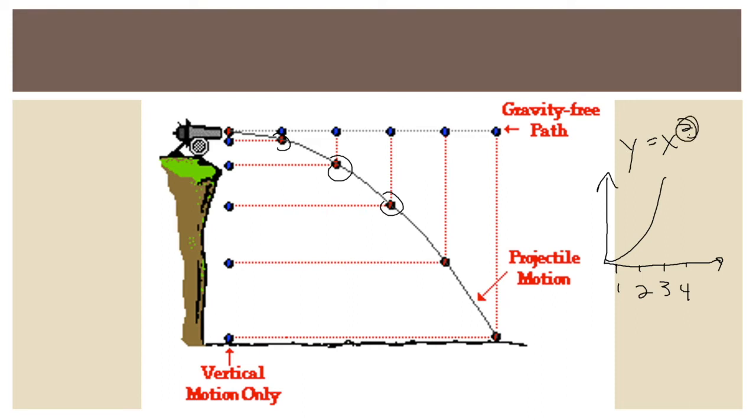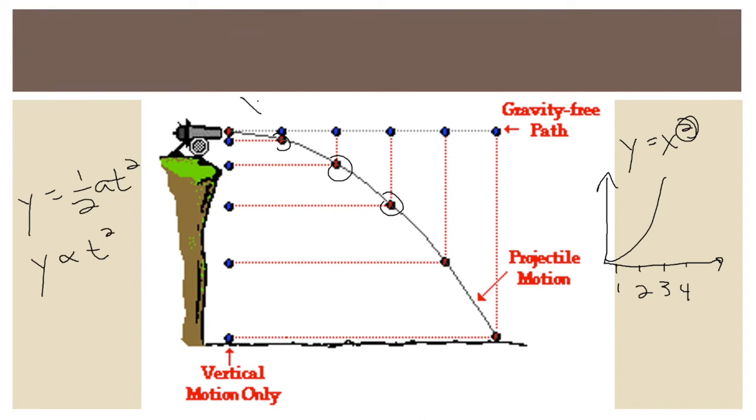It's getting larger and larger because of this squared relationship. That's what we see for the motion in the y direction: the distance is not directly proportional to the time. The distance is directly proportional to the time squared.